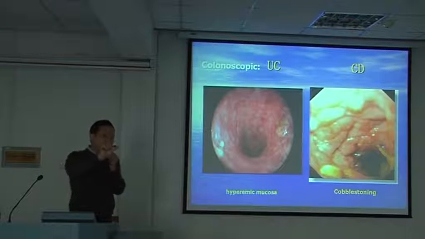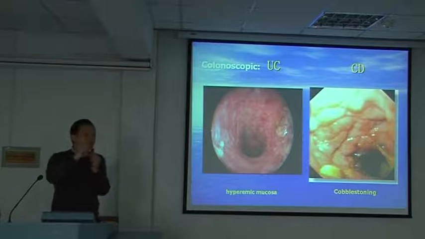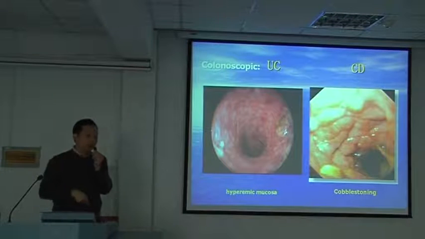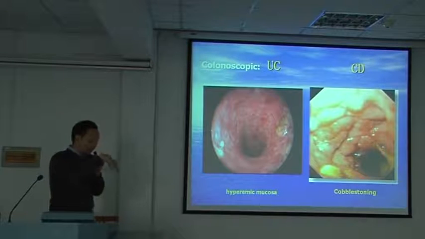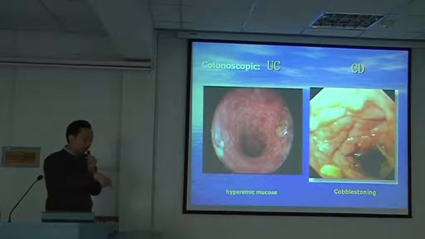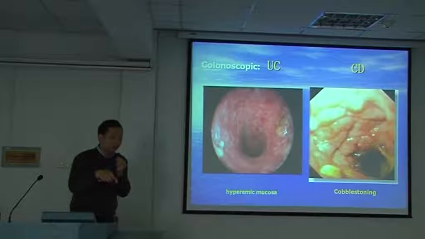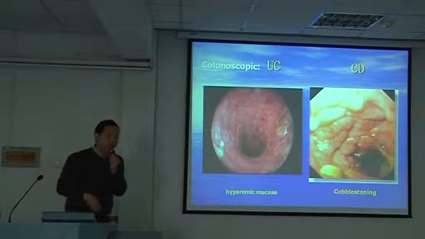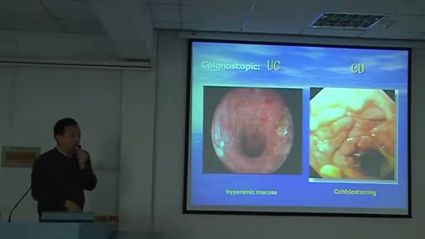For the transverse colon, there is the typical triangle appearance, and for the descending colon, you may directly see the ileocecal valve. So there are some features of different parts of the colon.